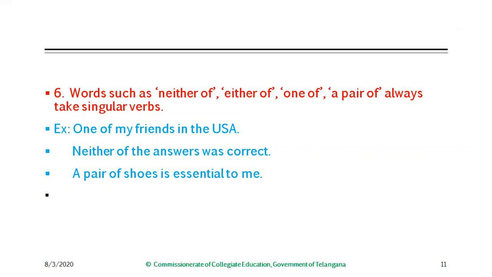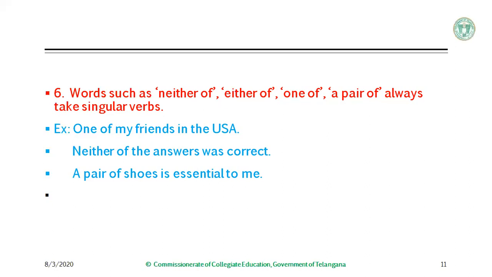And the next rule is, words such as neither of, either of, one of, a pair of always take singular verbs. Neither of the boys is present today. Either of the books is interesting.